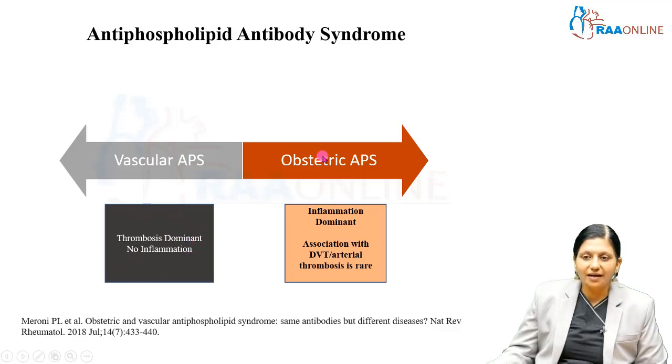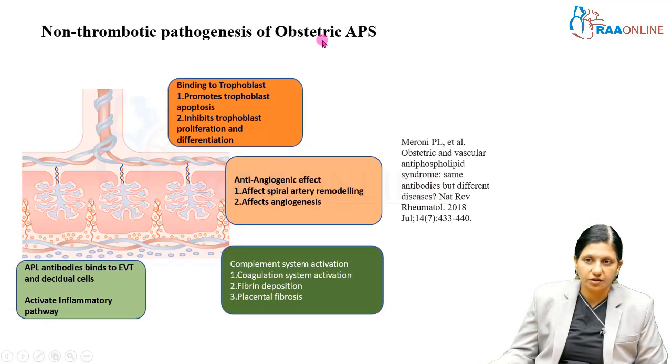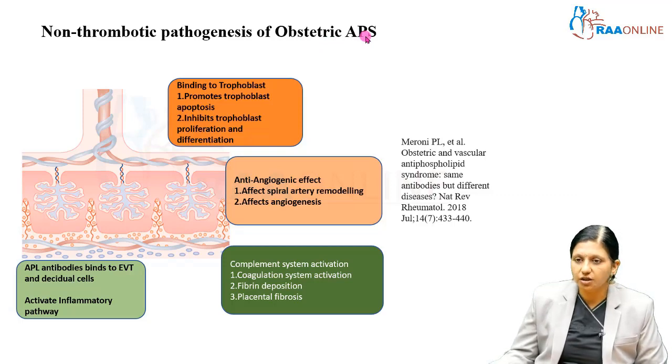Whereas obstetrical antiphospholipid antibody syndromes are inflammatory dominant, and their association with deep vein thrombosis and arterial thrombosis is rare. Coming to the non-thrombotic pathogenesis of obstetrical antiphospholipid antibody syndrome, we now know that thrombosis is not the initial cause. So what causes an inflammatory APLA in obstetrical patients?